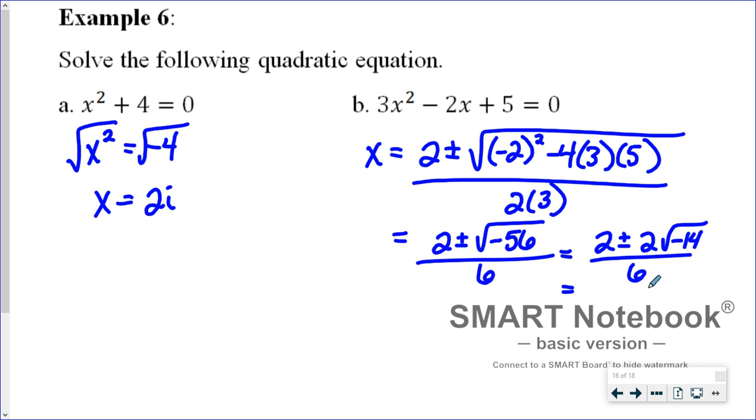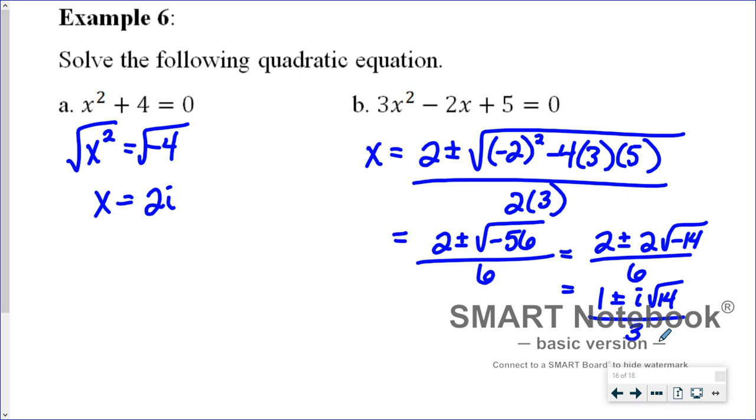And since all of these things are divisible by 2, we can actually do this. So this will be 1 plus or minus i root 14 over 3. And you could just leave it like this. That's perfectly acceptable. Of course, if you really wanted to put it in standard form, although it doesn't tell you to here, so you wouldn't have to, you would say 1/3 plus or minus the square root of 14 over 3i. But they didn't tell us to here, so we don't have to.